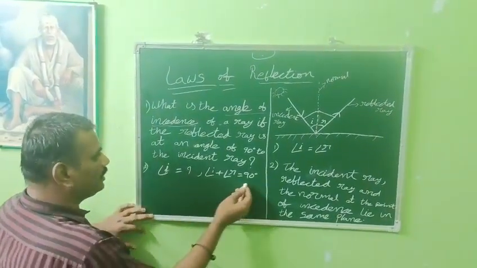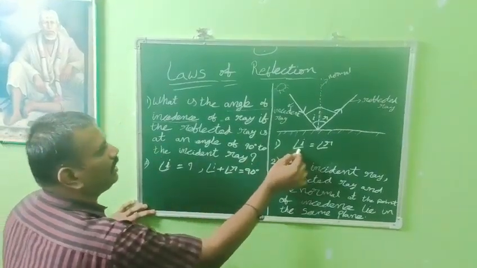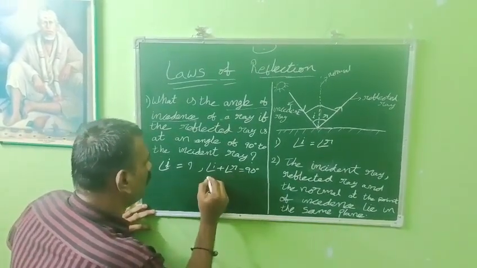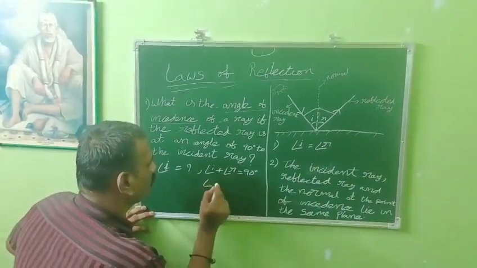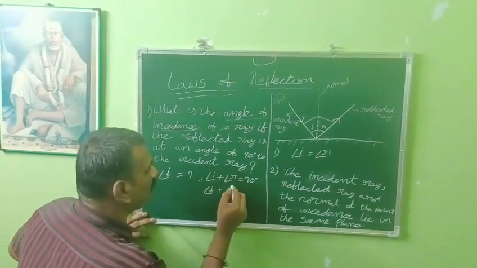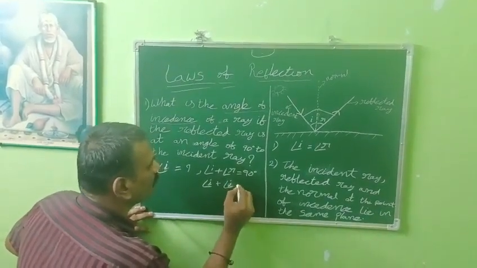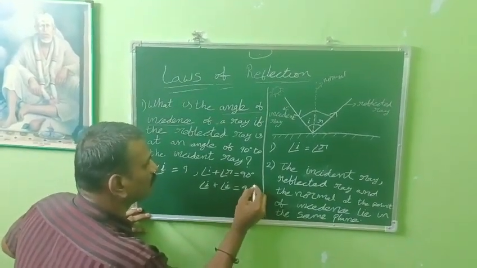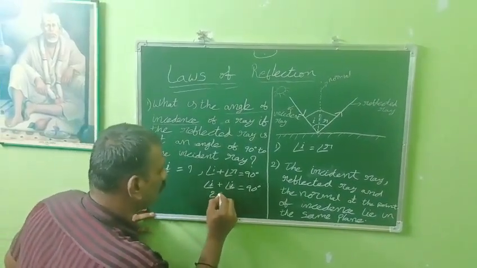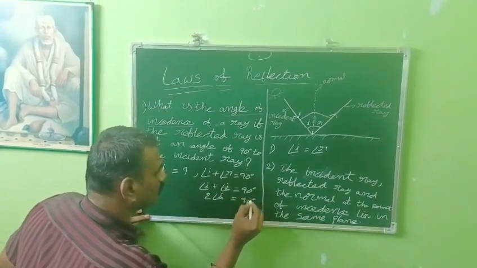So from this we can find, we know that angle of I and angle of R are equal. So instead of R, I am putting angle of I. Angle of I plus angle of I equals 90 degrees. So angle I plus angle I means 2 angle I equals 90 degrees.